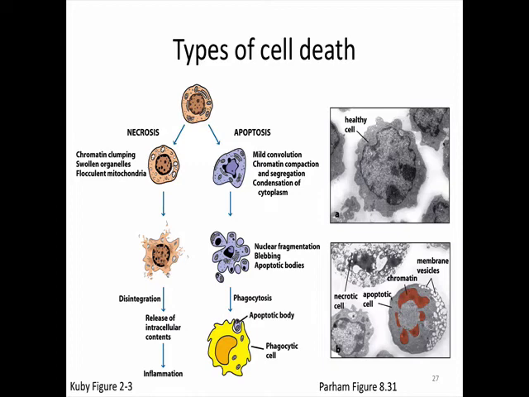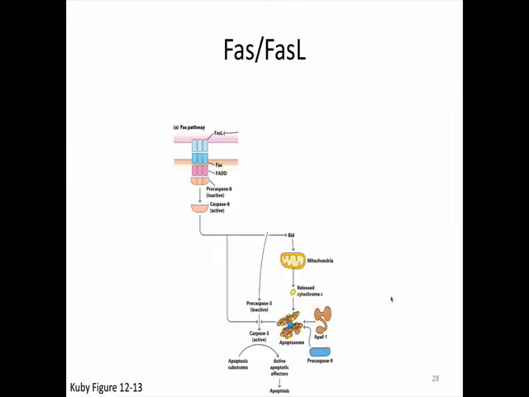The contraction phase of T cells happens via apoptosis, and you can see an apoptotic cell here where a chromosome is condensing and we're getting little membrane vesicles compared to our nice healthy cell. Contracting cells contract via the process of apoptosis through signaling through proteins known as Fas and Fas ligand.